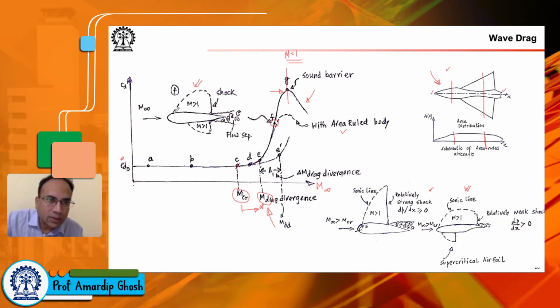As you can see, you have these portions of supersonic flow. Your M infinity is still below Mach 1. This Mach 1 is actually somewhere here. So this is your Mach 1. So your M infinity is still less than Mach 1, but it is now greater than Mach critical and is actually greater than Mach drag divergence as well.